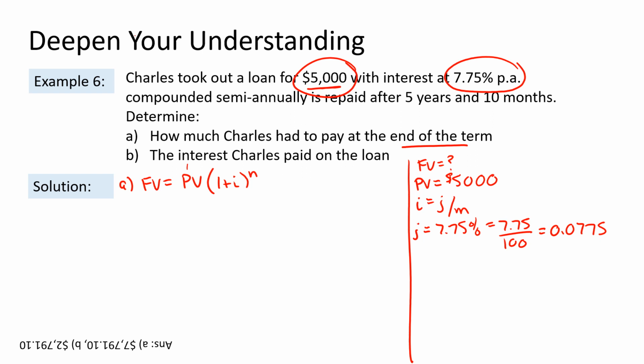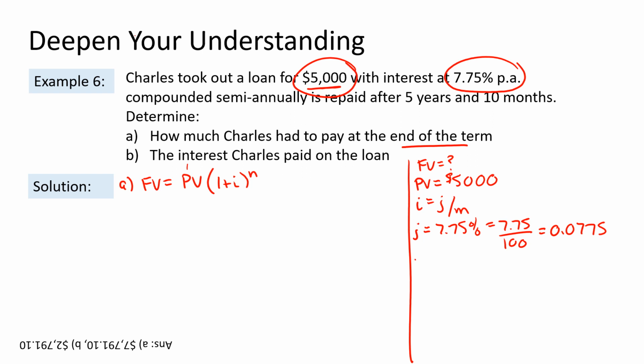When you have exact numbers like this, don't round that. Don't try and round it to 3 decimals like 0.078. Every time you do more and more rounding like that, your answer will change compared to the answer that I come up with. So make sure when you can to carry more decimal places so your answer is closer to mine.